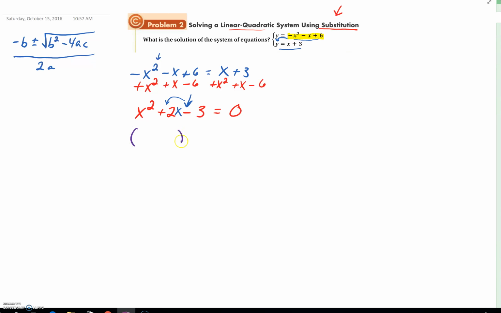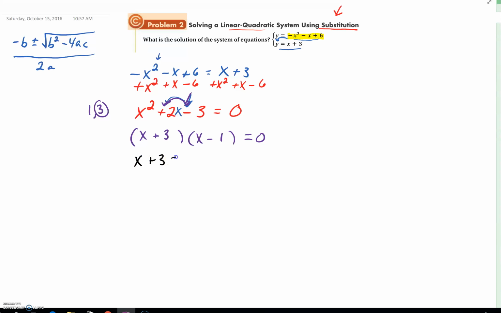So this can factor out. This sign tells me that they're different, so I can do x plus and x minus. I'm looking for numbers that multiply to 3 to have a difference of 2. Well, that's 1 and 3. And then the larger number has to be positive because of this sign here. So it'll be x plus 3 and x minus 1 is equal to 0. And remember, anytime two numbers multiply and equal 0, that means one of them has to be 0.